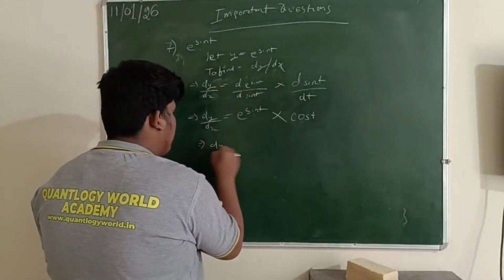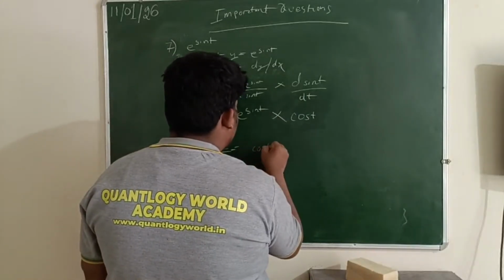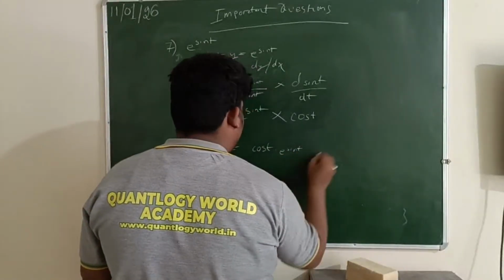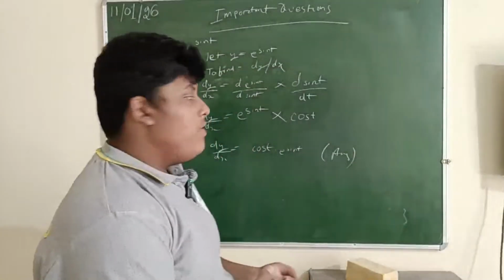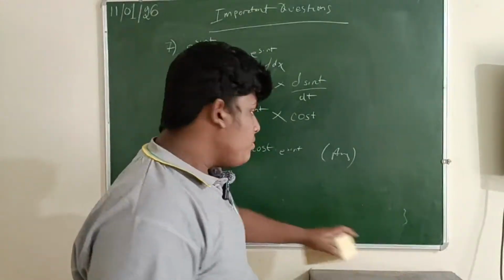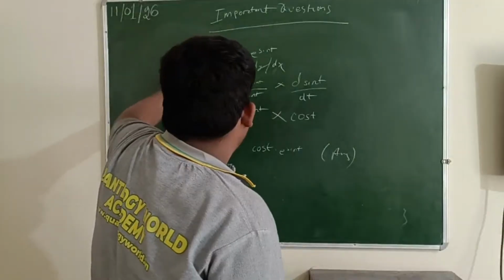Implies that dy by dx equals cos t into e to the power sin t. This is the answer. So basically the derivative chapter is very easy, we just have to remember the formulas of derivatives. So first question we have completed. We'll move to the next question.